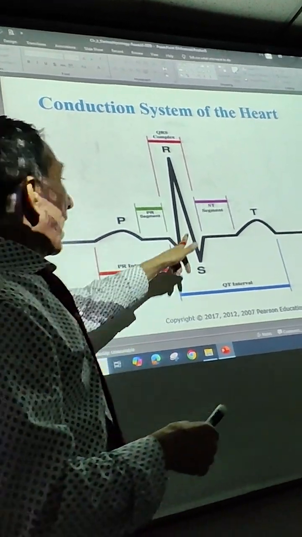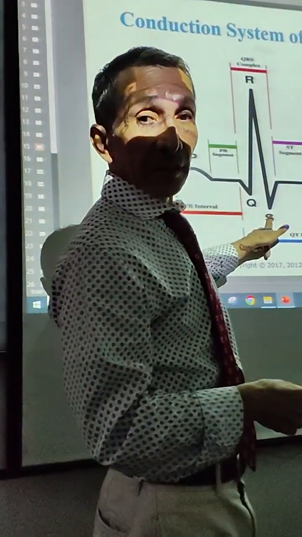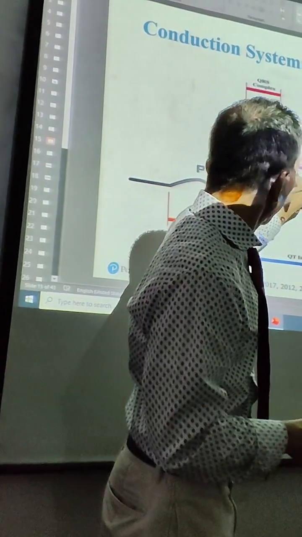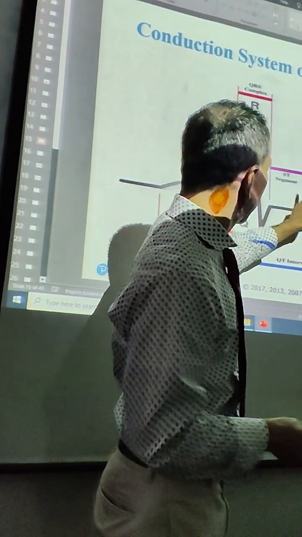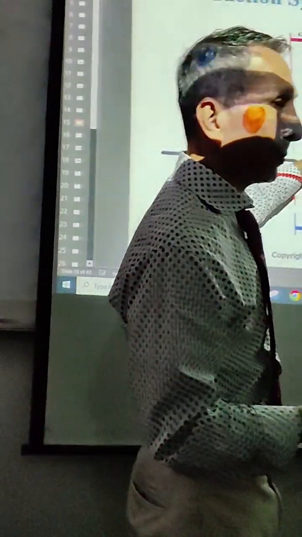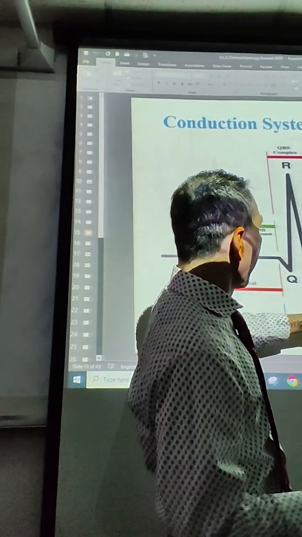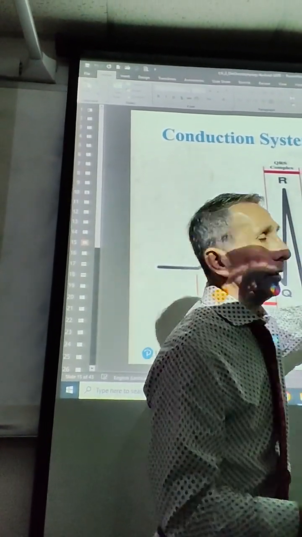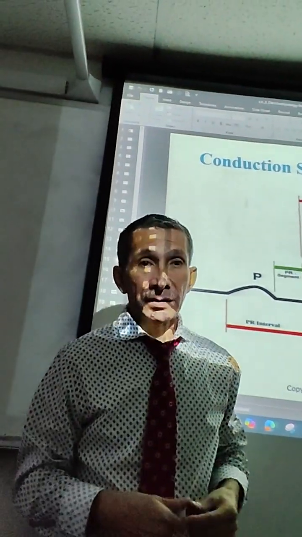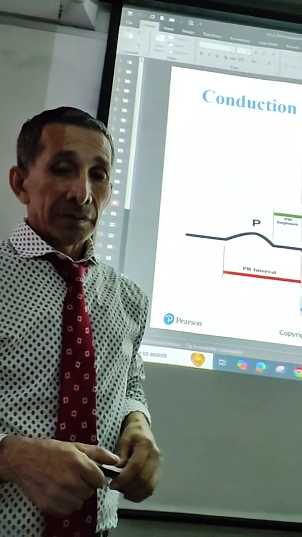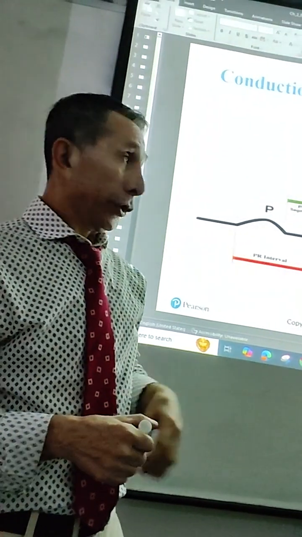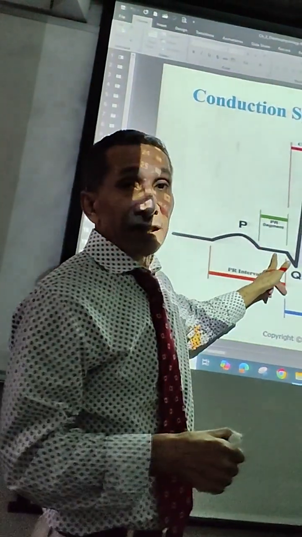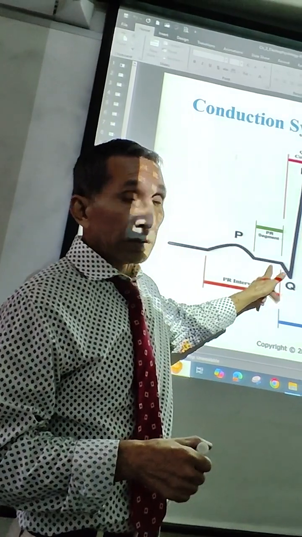If the PR segment is for the AV node. The wave S, the wave T, in between the S and the T, the ST segment. There is a space, there is a pause in between this wave and this wave. But you say the PR segment is for the AV node. Yes, the PR segment is the AV node. This is the pause.